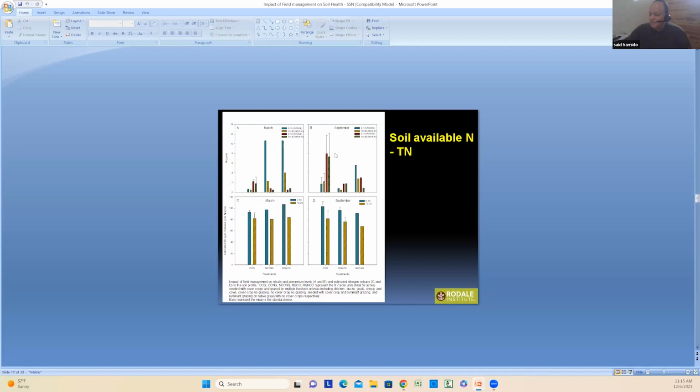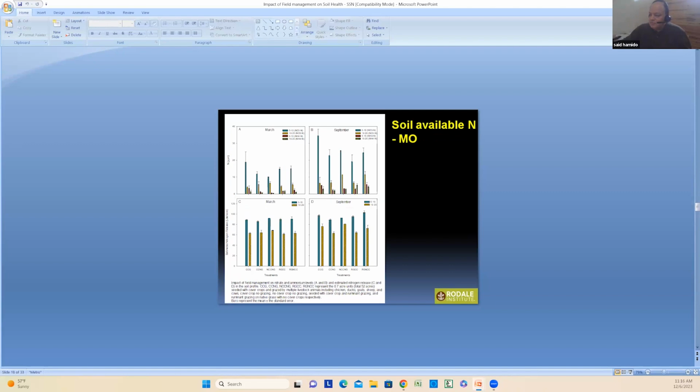We have seen a significant increase in Tennessee within about 6 to 7 months, because this could be related to what has been added to this specific spot of the soil. And we have seen the same in Missouri. This is available nitrogen, and it's a significant change among treatments.